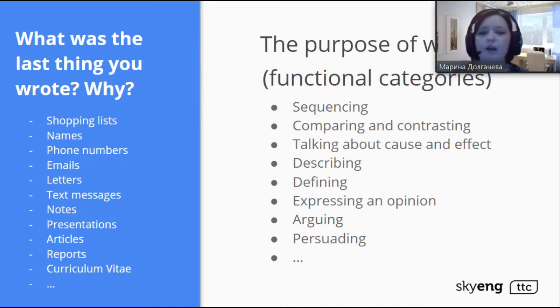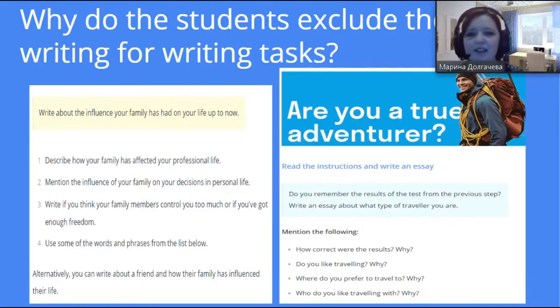It can be describing, it can be arguing, persuading or complaining, comparing and contrasting. So many different things. And usually our students are asked to deal with those pieces of writing on their own, as there is only one page of homework assignment devoted to that kind of activity.